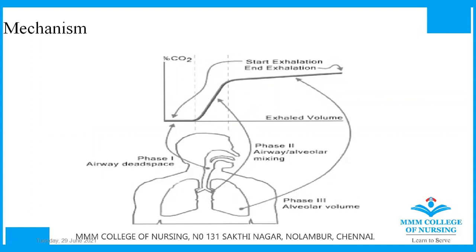The rising curve shows phase 2, which is airway and alveolar mixing of air, showing a steady increase of carbon dioxide level. And phase 3 is the alveolar volume, in which the carbon dioxide from the lung is measured in the expiratory air, which is shown by a gradual flat line.